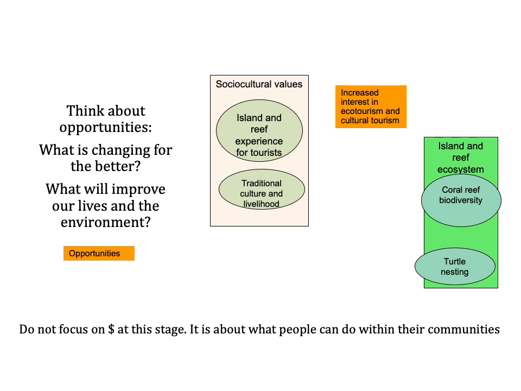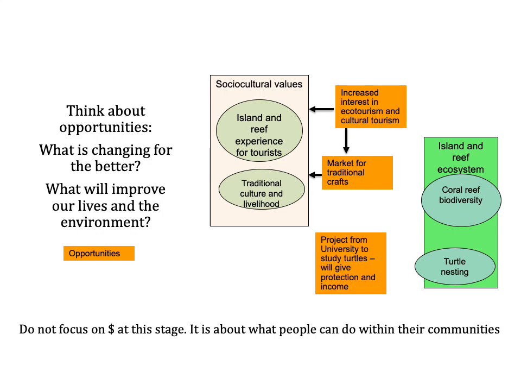So, for example, there might be increased interest in ecotourism and cultural tourism, which would help look after some of the socio-cultural targets. Might mean there's a market for traditional crafts, so that helps support traditional culture and livelihood.